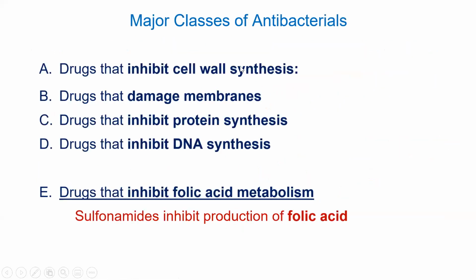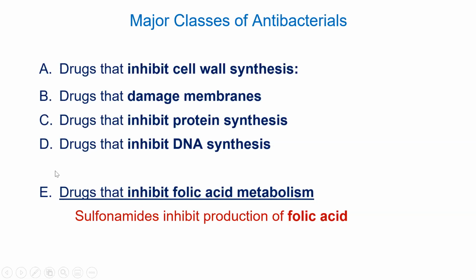All right, so the last class of drugs we've mentioned already, and depending on the textbook, sometimes they just say drugs that inhibit metabolism, because there are a lot of metabolic pathways in bacteria that are unique, right? The main drugs for this are the sulfonamides.